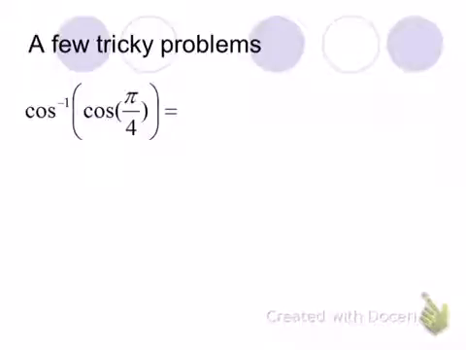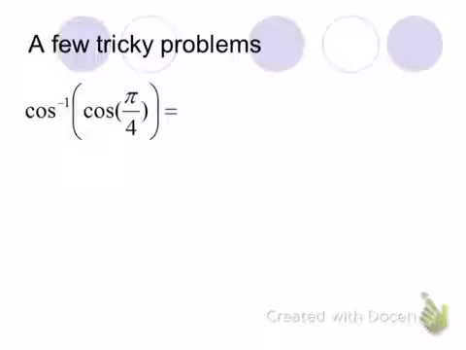The reason we use inverse cosine functions is to solve trig functions, because the inverse cosine is the inverse of the cosine, just like the square root is the inverse of the square. The cube root is the inverse of the cube. So one undoes the other, but not directly. Because we have to remember the restrictions of this.